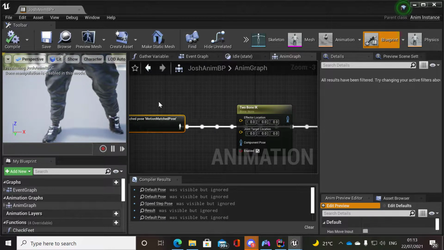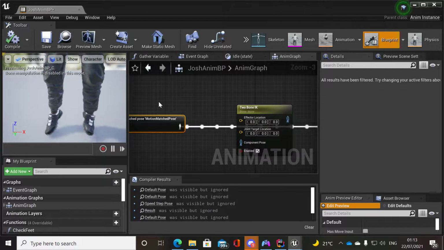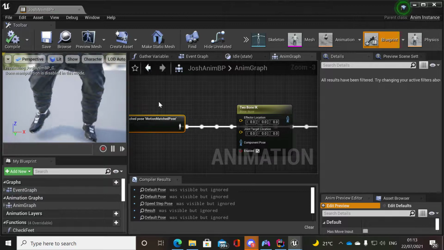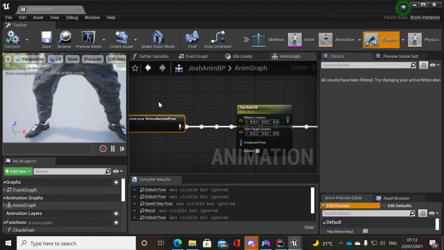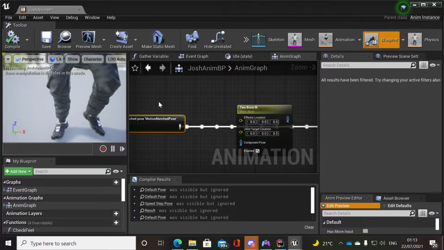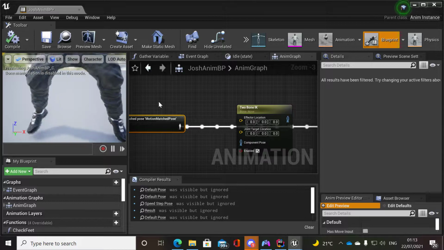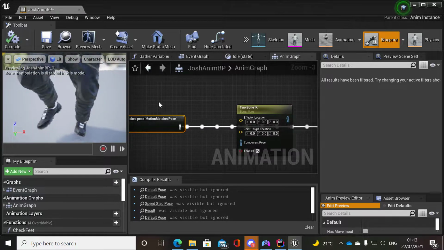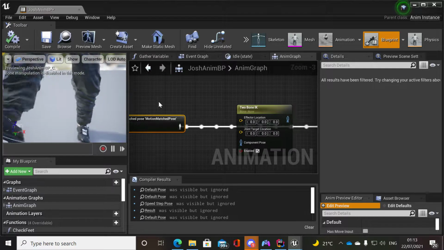At some point the feet are off the ground, so we should put them down. But if the distance to the ground is 0, then we don't need IK because it's already on the ground, right?